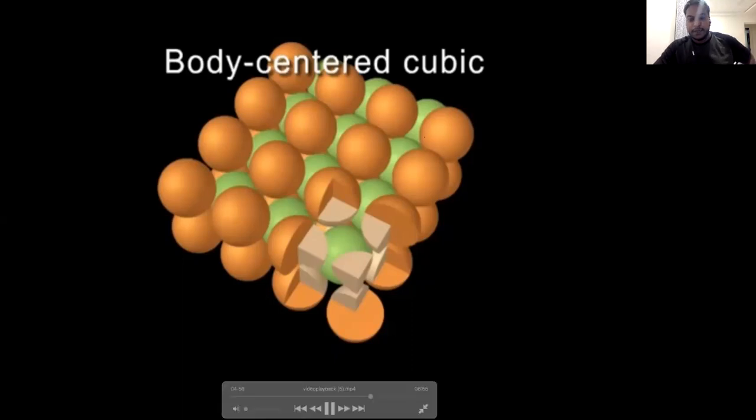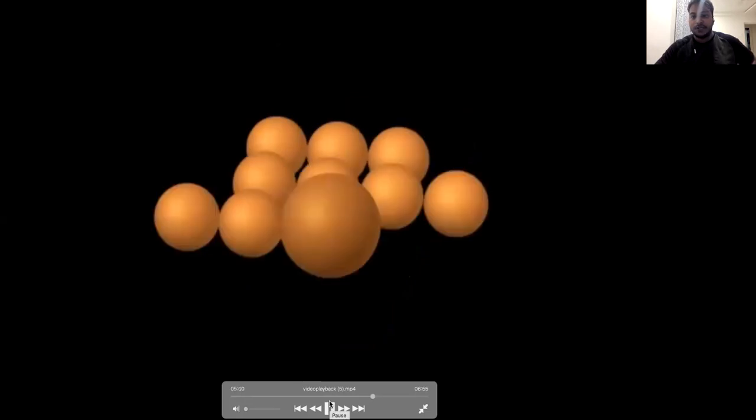Clear on that? Now, to imagine FCC, it is important to understand first that when you have this close packing in square spaces, I could make even more close packing by making it triangular spaces, right?